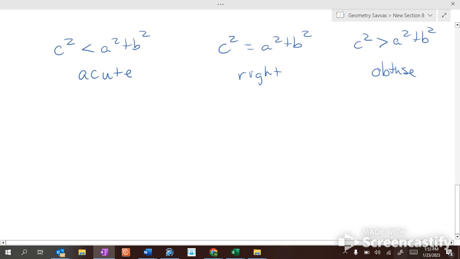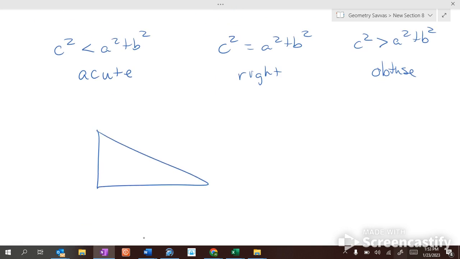So let's say you had a triangle that's 16 and 34 and 42. Acute, obtuse, or right? Well, 42 is the biggest one, so we set 42 squared equal to 16 squared plus 34 squared.